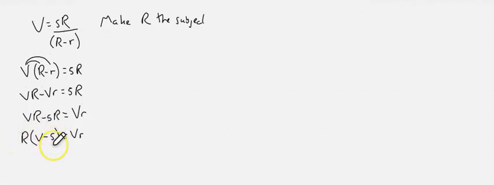So we simply divide both sides by V minus 5, and we'll get our answer. Capital R is equal to V common R over V minus 5.